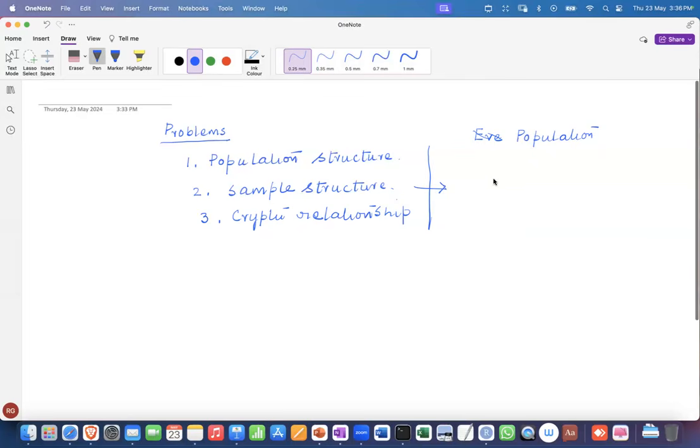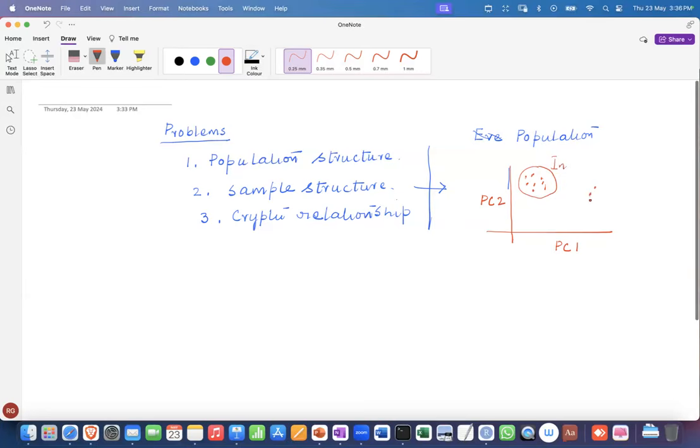See, for example, when you are doing a PC analysis, we have no time to discuss all this PC and all, but anyway, when you're doing a PC analysis, what happens? You have a group of individuals here, right? And you have a PC1 and a PC2 here. Now, you have this group of individuals as Indians.